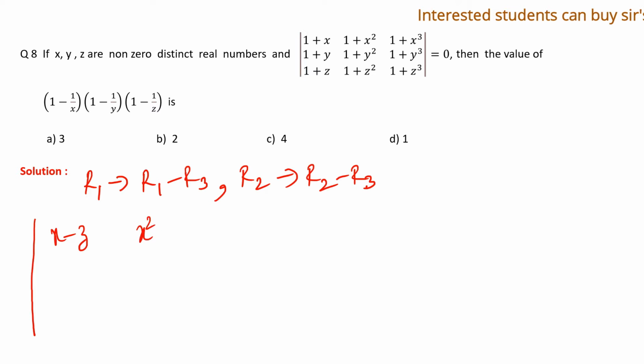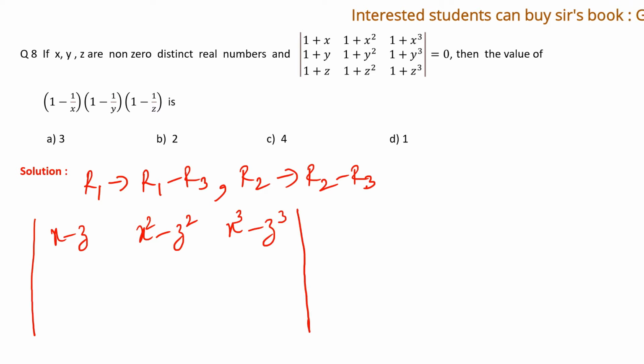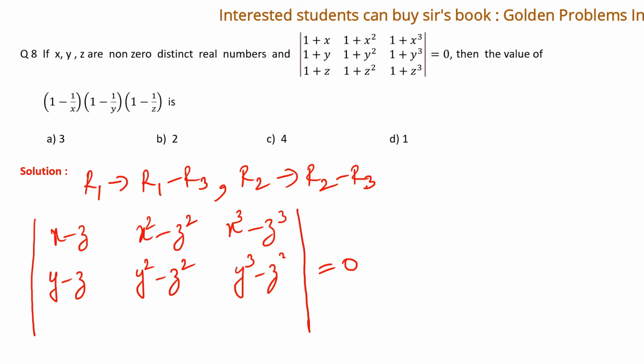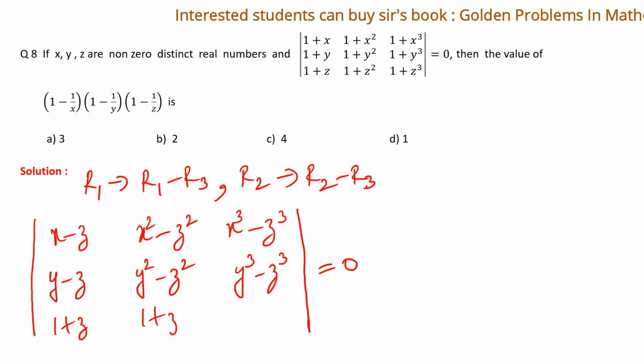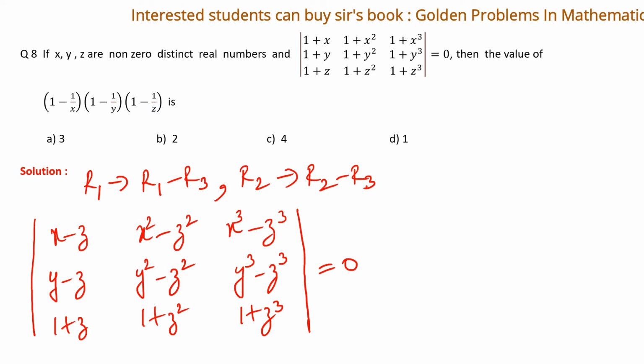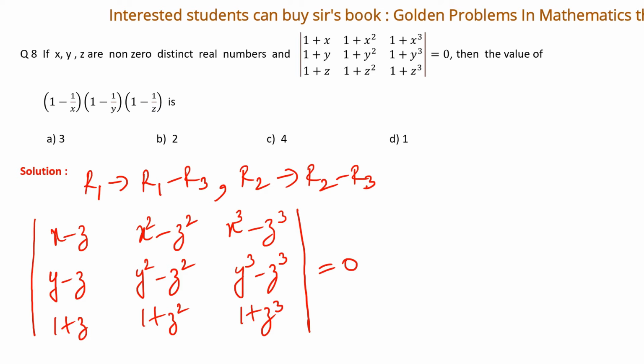Here we'll be getting x square minus z square and here we'll be getting x cube minus z cube, right? And we are already given the value of this determinant as 0. Now in the second row, the entries would be y minus z, y square minus z square and y cube minus z cube. And in the third row, it is 1 plus z, 1 plus z square and 1 plus z cube. Now this is one of the possible ways that I'm going to explain you.